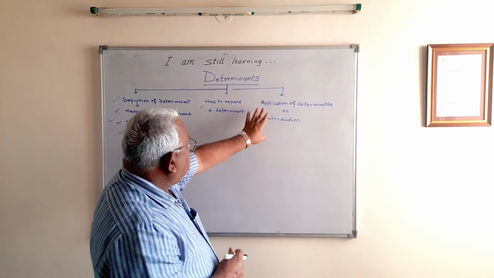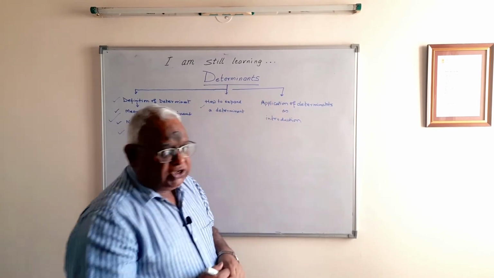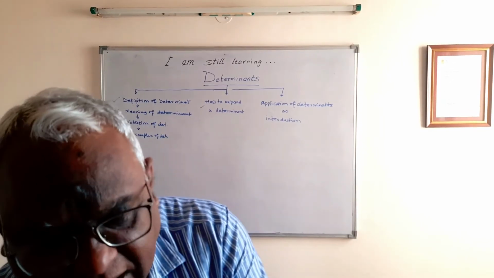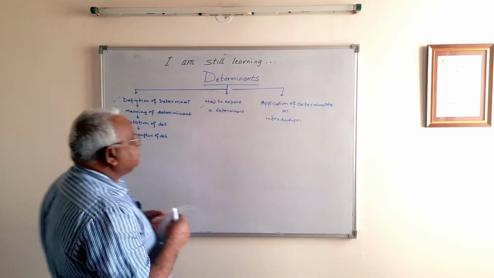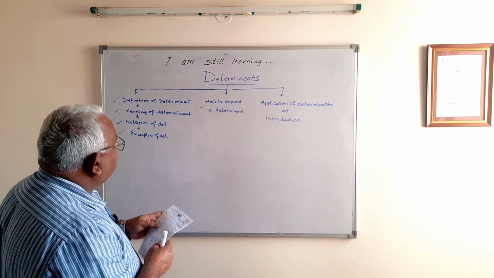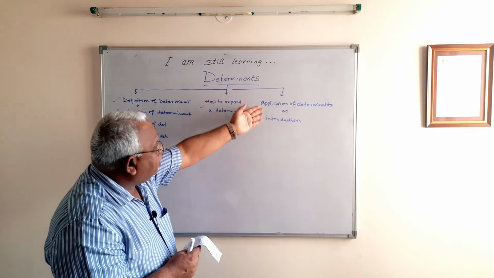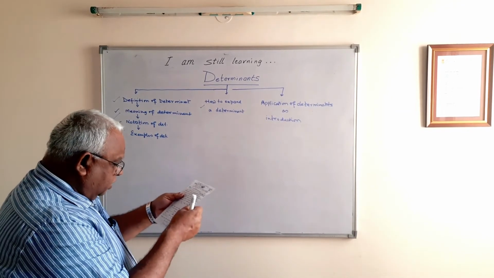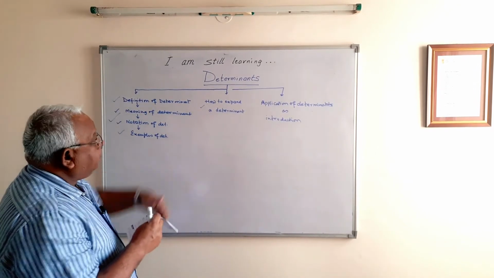Now, this application, what is the meaning of application of determinant? Why have I written this? To explain this, when you look at the exercise, based on this concept, you have certain application problems also in this determinant.